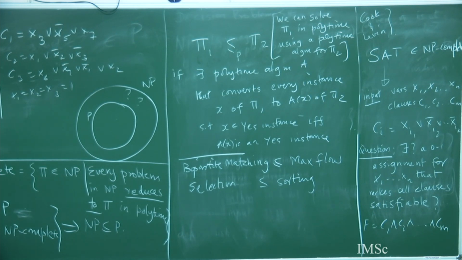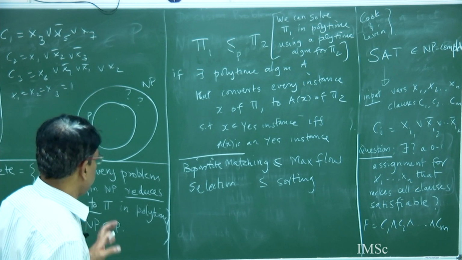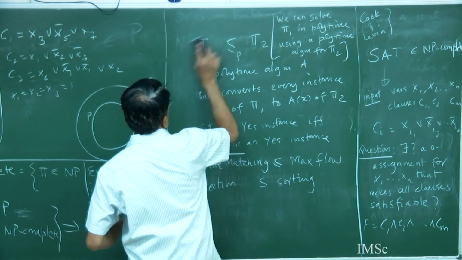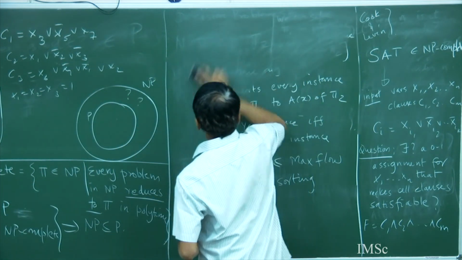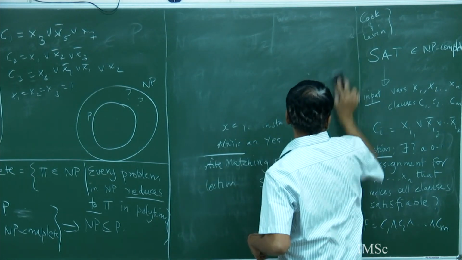Now, to really prove this big challenging result that every problem in NP reduces to pi in poly time, what do you do? Well, you take an arbitrary problem in NP. I am not going to give a proof of that because that is one full lecture, but I just want to give you an idea of how that goes.